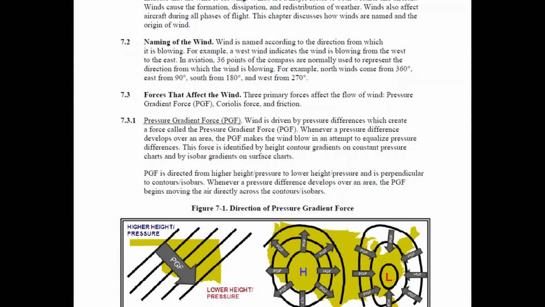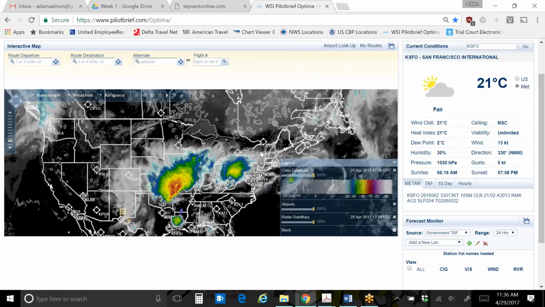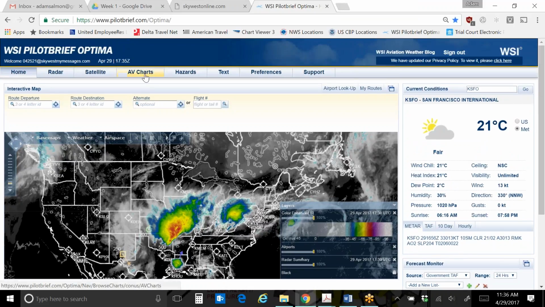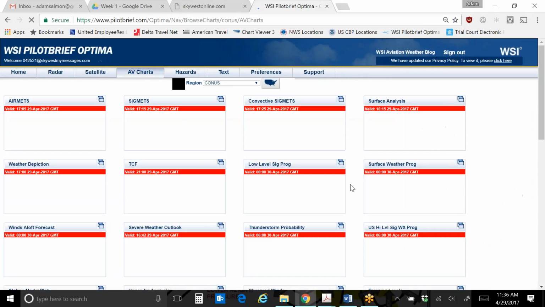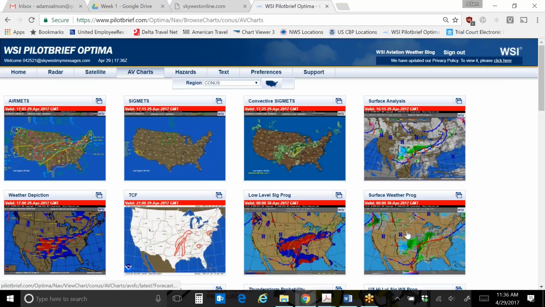A low pressure always wants to come in. Generally speaking, your weather moves from west to east. So let me see if I can go back to my chart here, just to show this a little bit better.